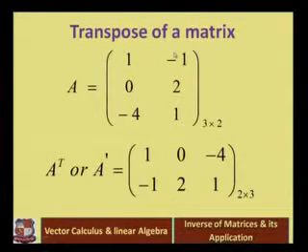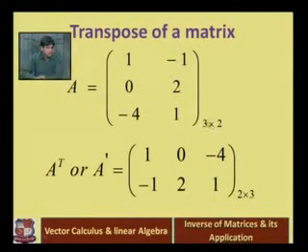Now we introduce the transpose of a matrix. Let A be a 3 by 2 matrix, that means 3 rows and 2 columns, with entries 1, minus 1, 0, 2, minus 4 and 1.